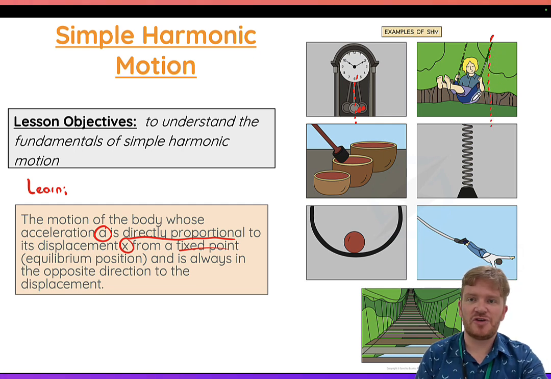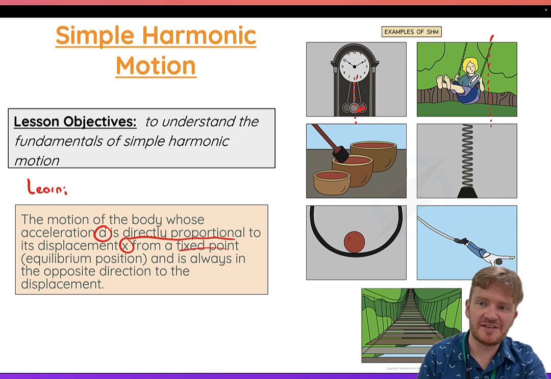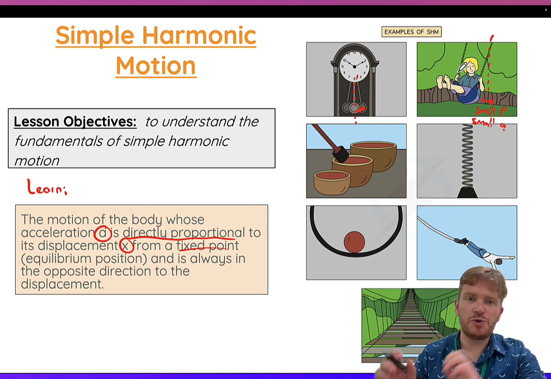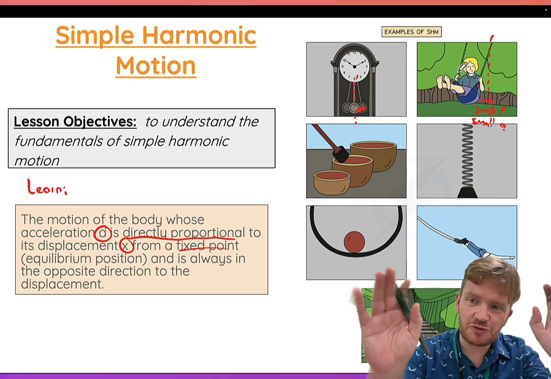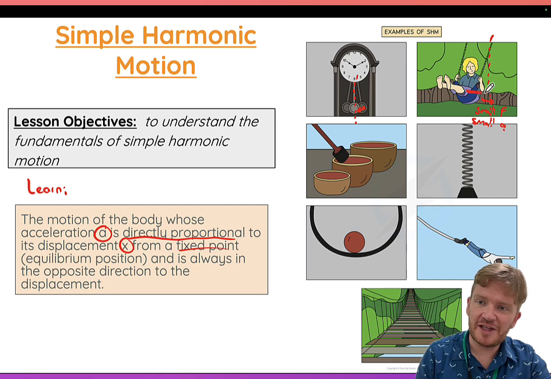If you push a younger sibling just a little bit on a swing, and move them a few degrees, you have quite a small force acting back on them. So you have a small force which will give you a small acceleration. But if you push them really, really far and you're really straining to have them out there, well then they have a big force, and that leads to a big acceleration.